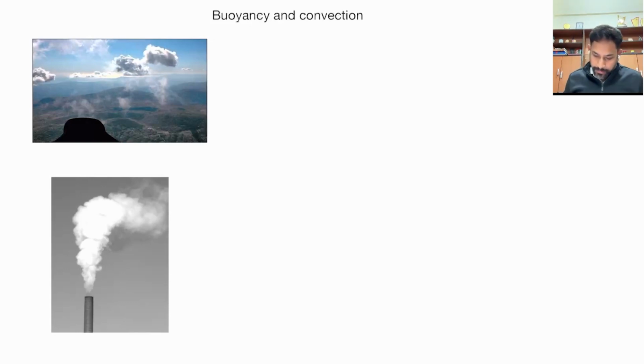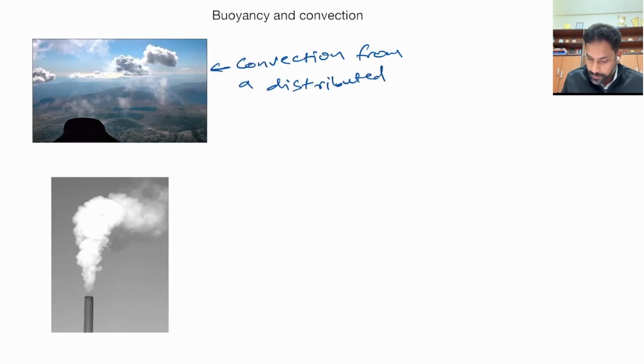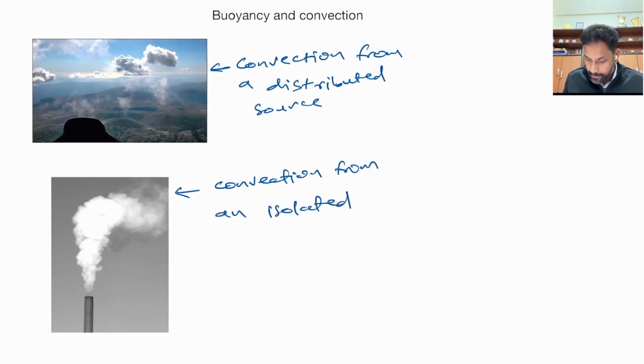So in these cases, as you see, this one is convection from a distributed source. In here, this is convection from an isolated source. Right, so both are examples of convection.